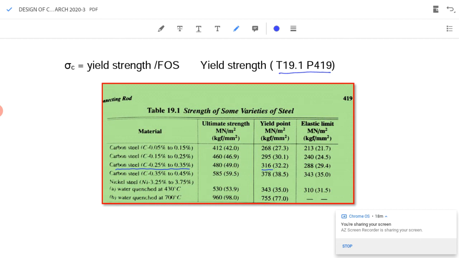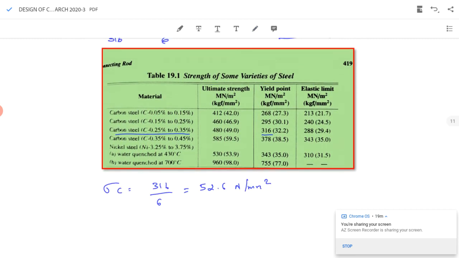So, yield strength is 316. If I am assuming a factor of safety equal to 6, my value of sigma c will be 316 divided by factor of safety 6, equal to 52.6 Newton per mm square. So, I got the value of sigma c also. It completes all the numerators.